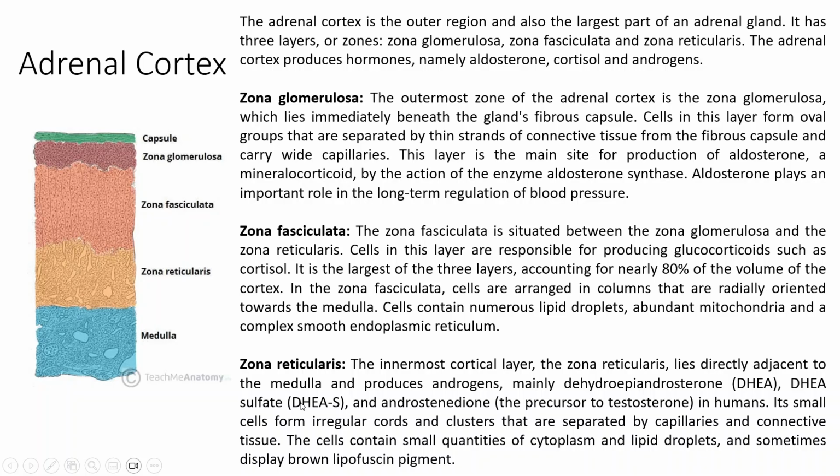Then inner to that, you have the zona reticularis. This is the innermost layer of the adrenal cortex, and it lies adjacent to the medulla. It produces hormones called androgens, which you must have heard of before. Sorry, does someone have a question?